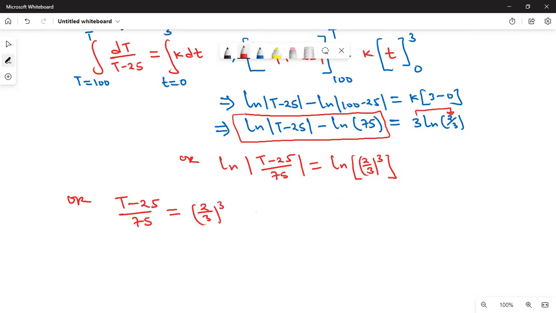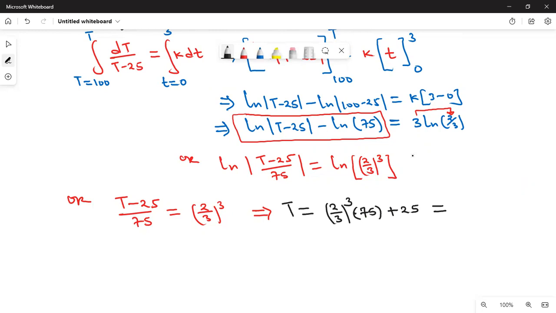And so from here, you can make T the subject. It means that T is equal to 2 over 3 cubed times 75, then plus 25. So let's press this in our calculator.